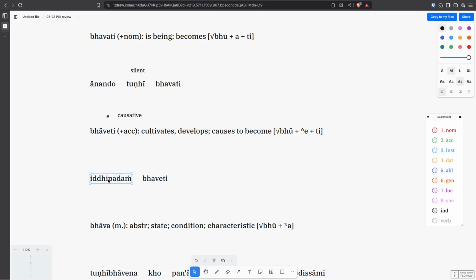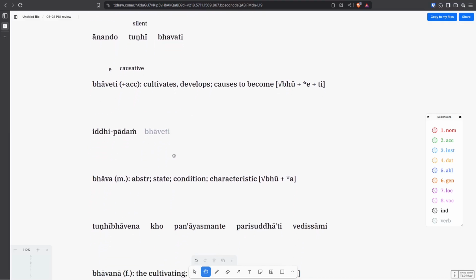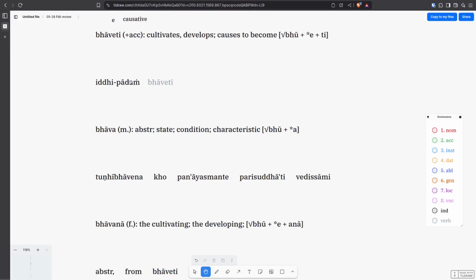He causes the roads to powers, to success, to become, to happen, to arise. Like iddhipada, the roads to success, the roads to power, the roads to accomplishment, iddhipada.